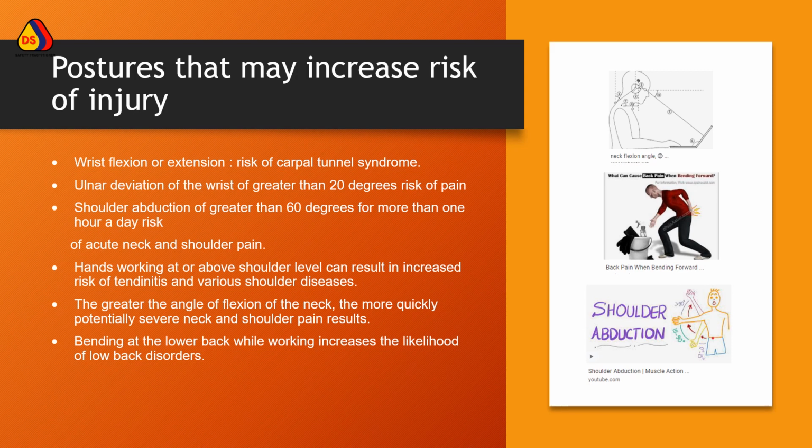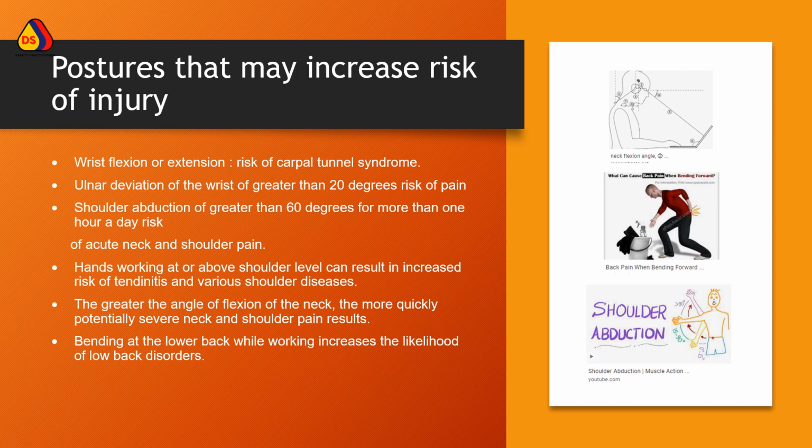Working with the hands at or above shoulder level can result in an increased risk of tendinitis, rotator cuff injuries, and various shoulder disorders. The shoulder joints are placed under greater stress when arms are elevated, potentially leading to chronic pain and reduced range of motion.